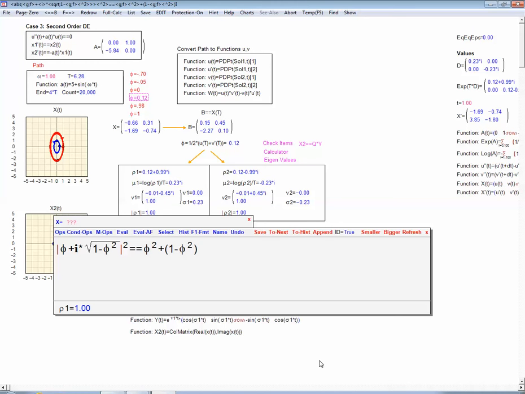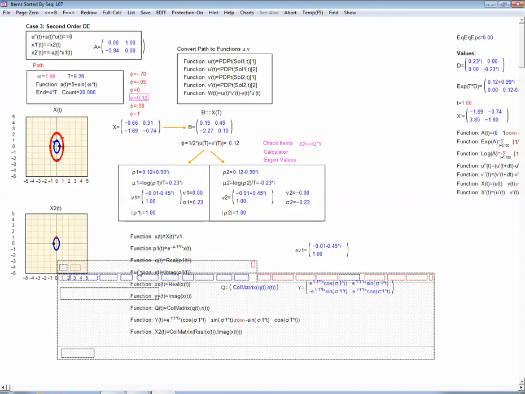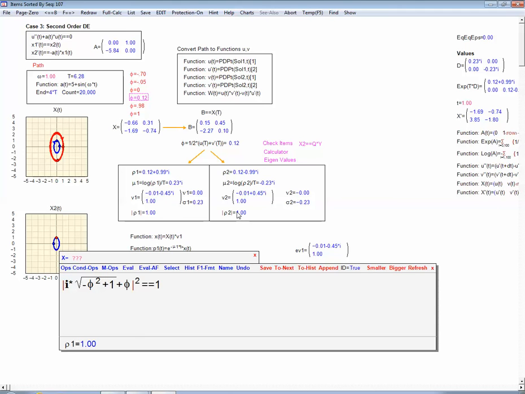And that, of course, is going to collapse to 1 if I simplify it. So let's do that. There it is. So that modulus is 1, and this one, the same argument on this side. The whole idea is that this phi squared here is something less than 1, or phi is between 1 and minus 1. That lets us reverse it and come up with just a purely imaginary piece.